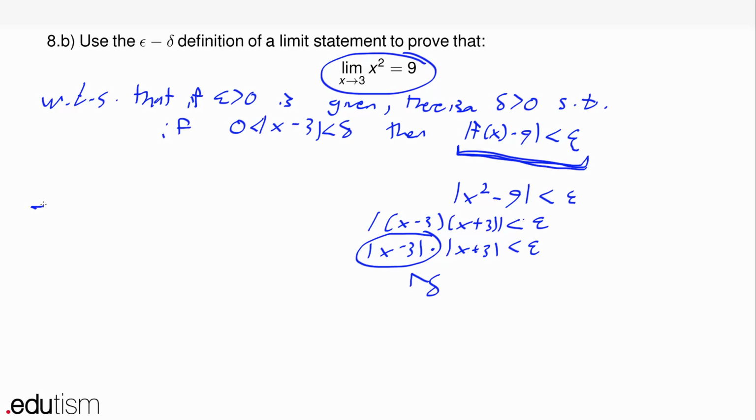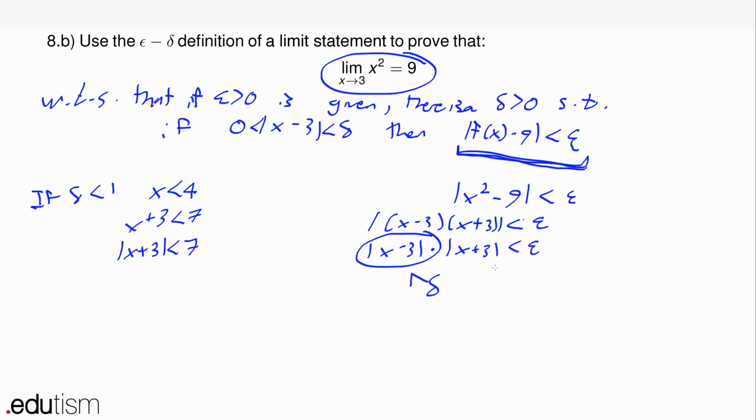Well, we know that if delta is less than 1, x is going to be within delta of 3, so x is going to be between 2 and 4. So x is going to be less than 4, which means x plus 3 is going to be less than 7, which means the absolute value of x plus 3 is certainly going to be less than 7. Because x can't be a negative number, so it can't be smaller than negative 10.